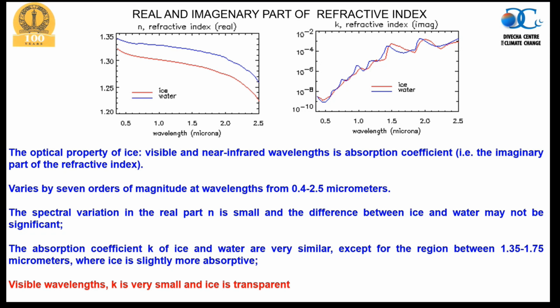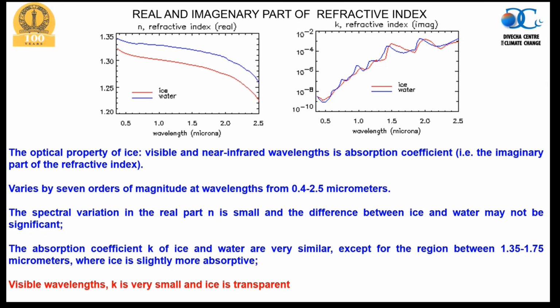The imaginary part of the refractive index is very small, but its magnitude variation is very large. Across 0.4 to 2.5 micrometer wavelength it changes by about 7 orders of magnitude, from 10 raised to the power minus 10 to 10 raised to minus 2 or minus 3.